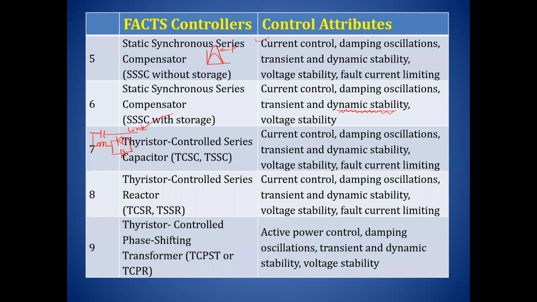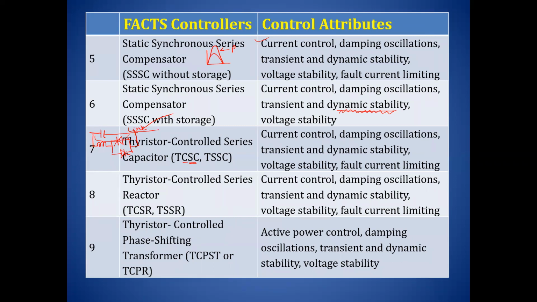Here we have connected one reactor in shunt with the transmission line capacitor. When the firing angle is controlled to different values, some part of the current flows through one path and some part through the other. So we can obtain a variable capacitor value. Therefore it is called a Thyristor control series capacitor.